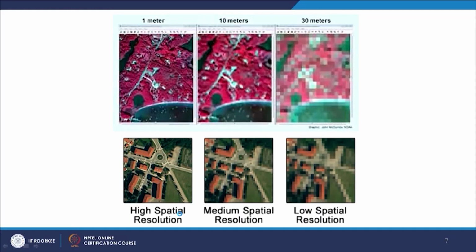Just to continue on this spatial resolution thing, I have a few examples in two rows. On the top right corner, we have a spatial resolution of 30 meters, and you can see that the image is what people call a pixelized or jagged image, and each cell or each pixel here is clearly visible, and it is relatively difficult to identify different objects present in this image.